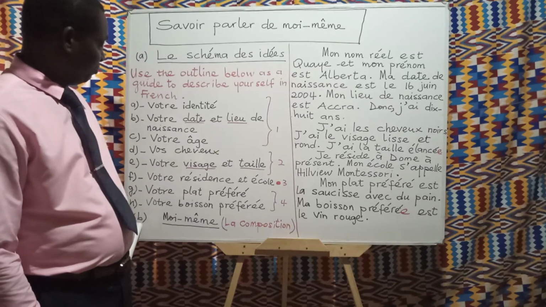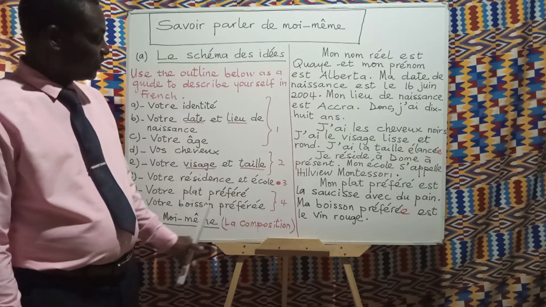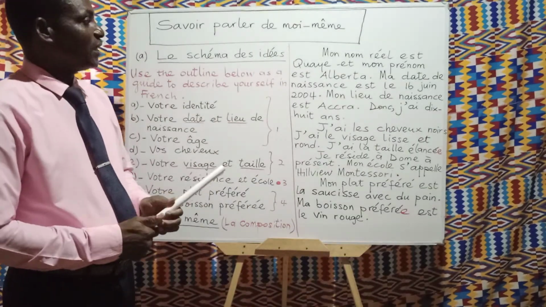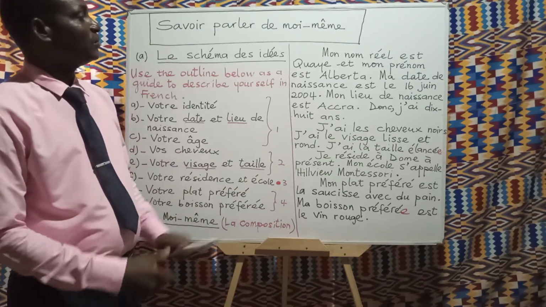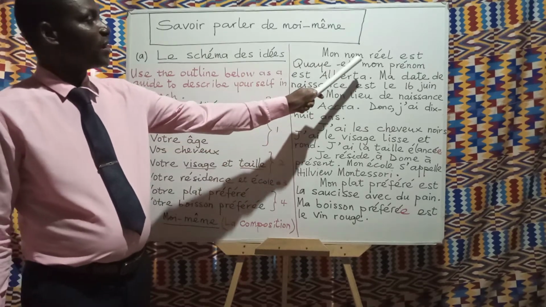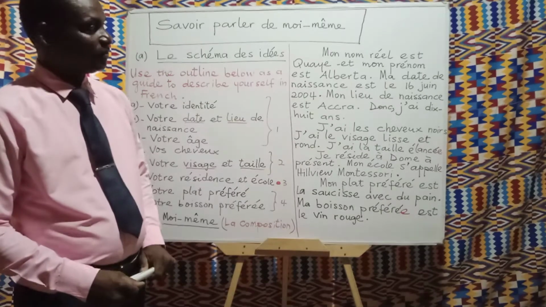Now, when we come to the B, we have moi-même. Moi-même, that is myself, la composition. So that is the conversation itself. So now, let's see how I group these in 4 paragraphs here. So, in the first paragraph, we have mon nom réel est P et mon prénom est Alberta.